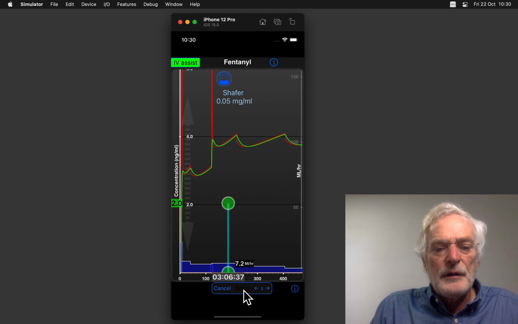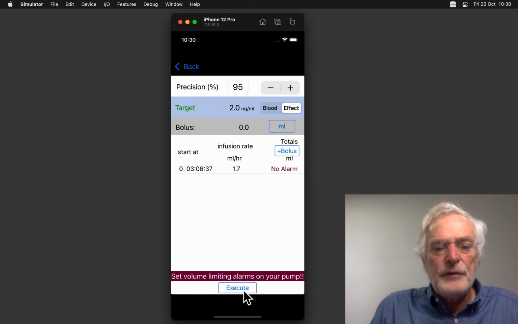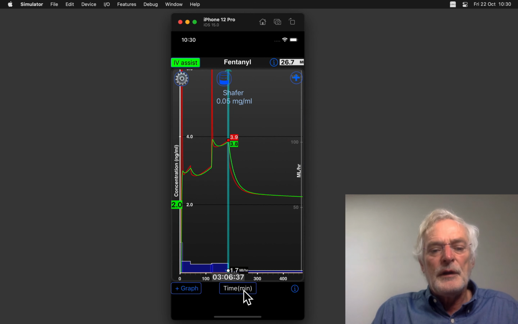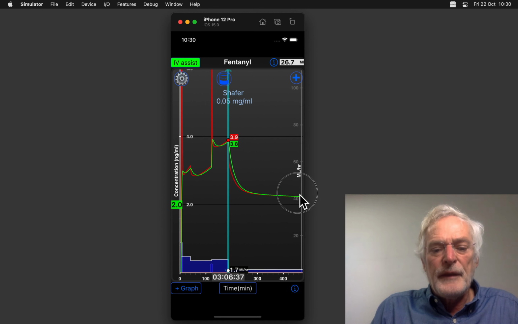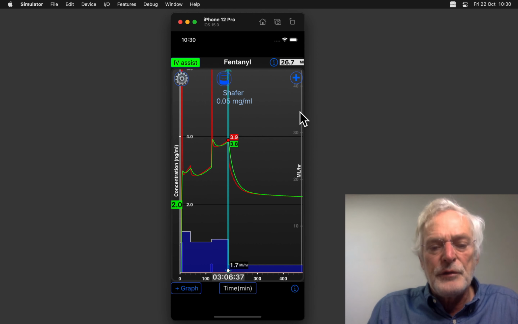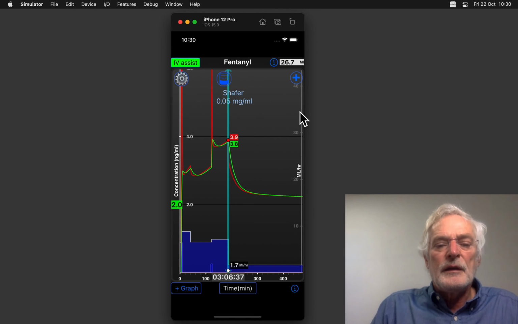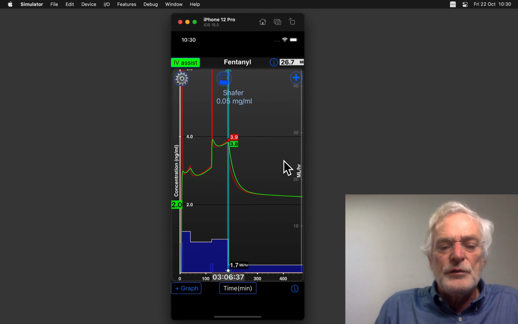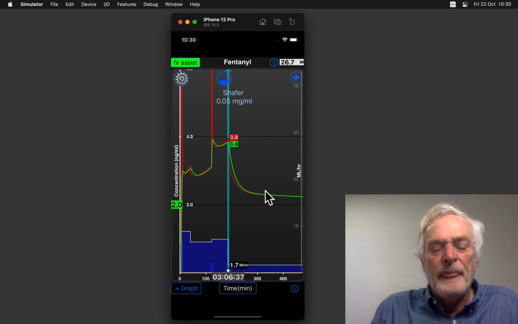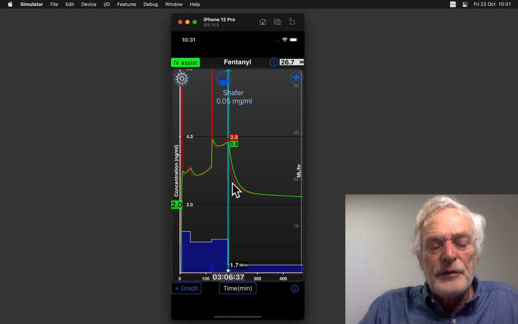Now, if you remember the TCI mode, then you will notice that if you decrease your target, this will cause a stopping of the infusion until the new target is reached, and then the infusion will restart. Well, with the IVAssist mode, I considered it a little bit dangerous, because there will be a point where you just forget to switch on the infusion.